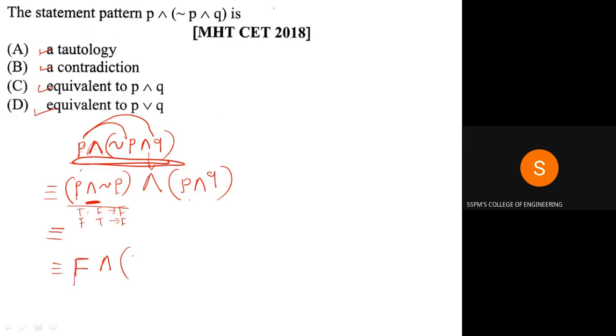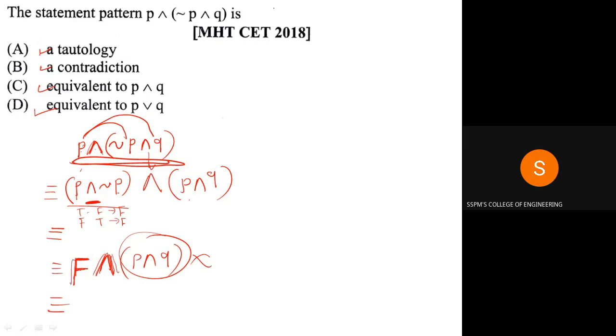And what is P and Q? Now again, see here. This is the AND operator, isn't it? And you can see here F. So F and anything, it doesn't matter. It can be anything, but if you are using the AND operator, both elements should be true.